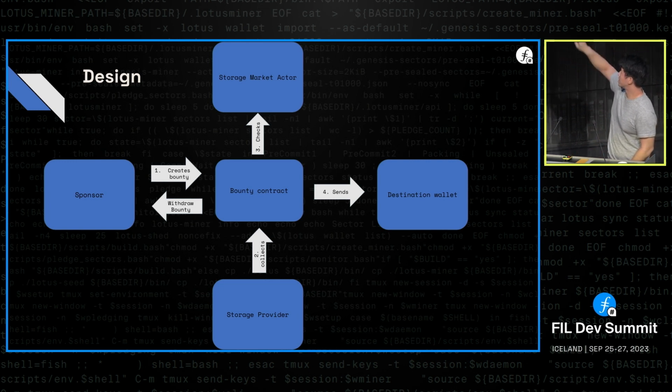It's just an option for the storage provider to have a separate wallet to receive all their funds from the clients. And one small thing is that the sponsor, if no one wants to take their bounty, can just take their funds back. Or if they decide, oh wait, never mind, I don't want this file to be stored, they can take it back.